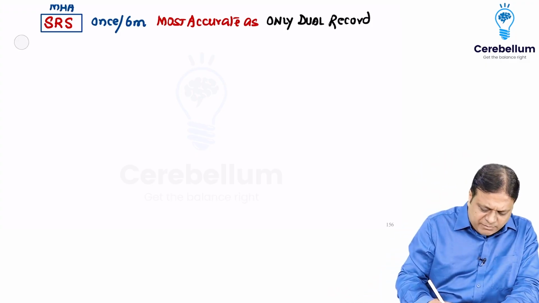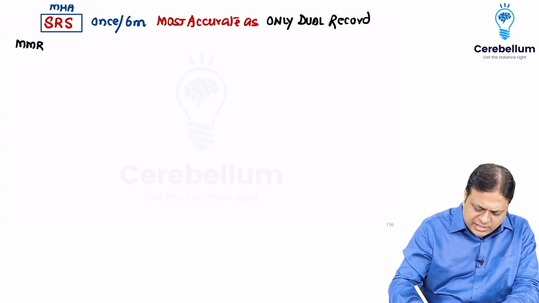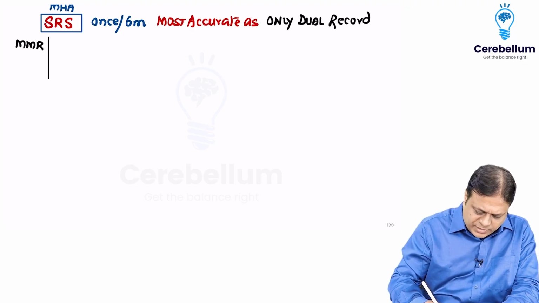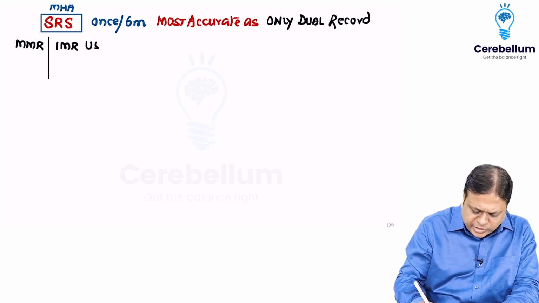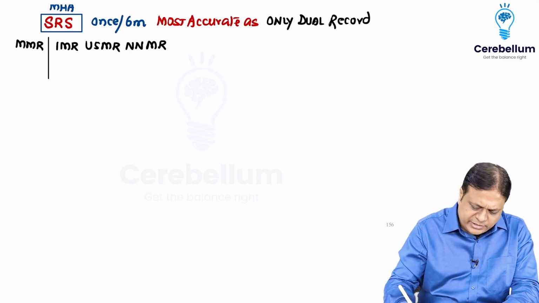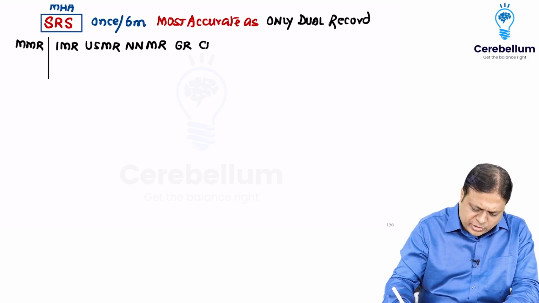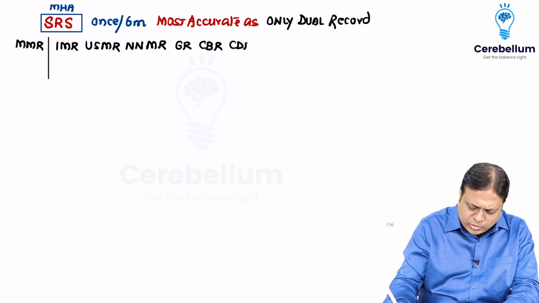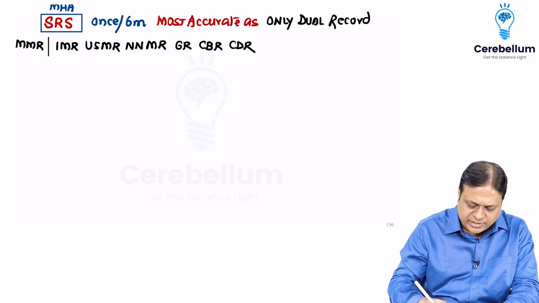Here we measure MMR in a separate SRS report in contrast to IMR, under 5 mortality rate, neonatal mortality rate, growth rate, crude birth rate, and crude death rate in our country.